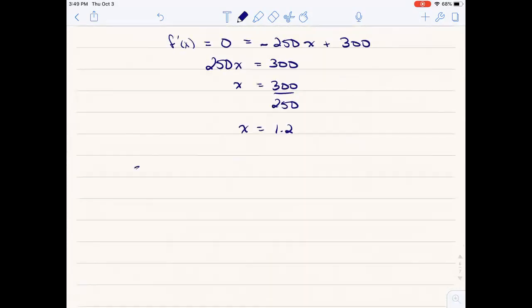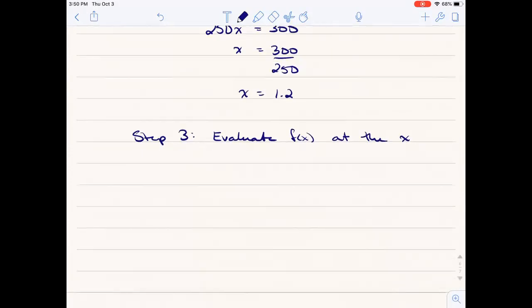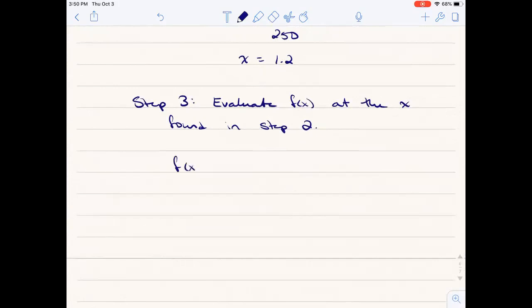So step 3, evaluate f of x at the x found in step 2. Just keeping track, because you want to go back into the original equation. f of x was negative 125x squared plus 300x minus 2.